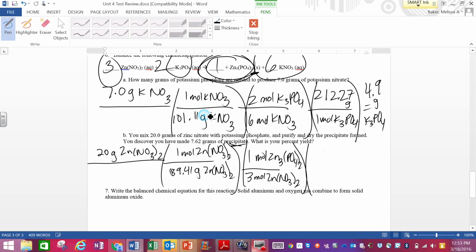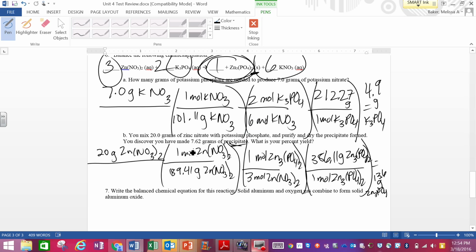So for every 3 moles of zinc nitrate, you make 1 mole of Zn3(PO4)2. That thing is a beast to add up. 1 mole Zn3(PO4)2, I added it up to be 386.11 grams of Zn3(PO4)2. Can barely fit this one. Multiply across the top, divide by the bottom. I got 13.6 grams of Zn3(PO4)2.